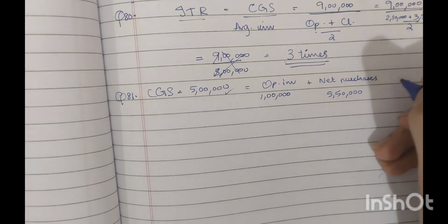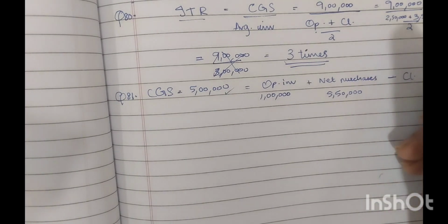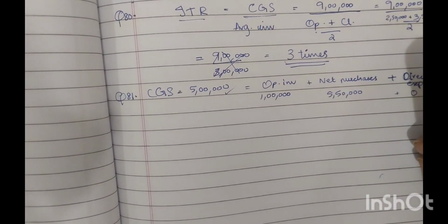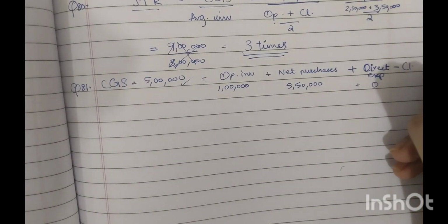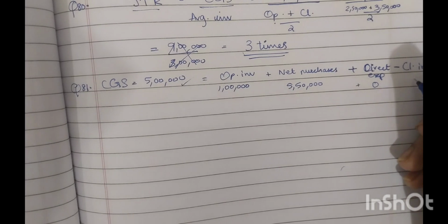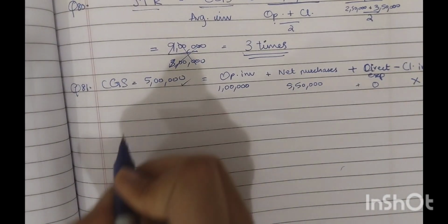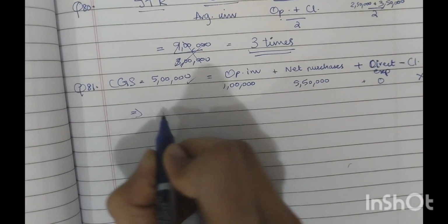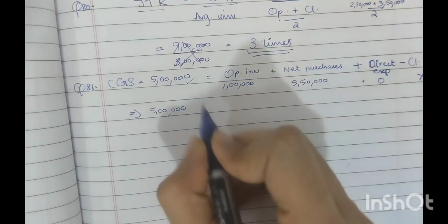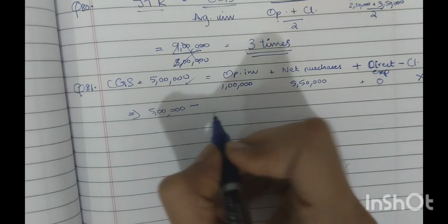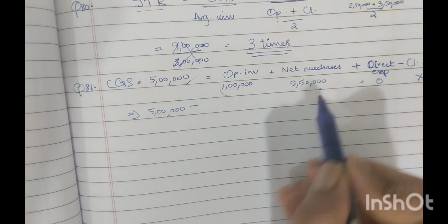Right, and then we have minus our closing. We'll just write direct expenses as well. It's direct expenses 0 and minus our closing stock, our closing inventory, which is X. So this means that 5 lakhs, we take all these to the other side, minus 1 lakh, or in other words, these two together form 6,50,000.